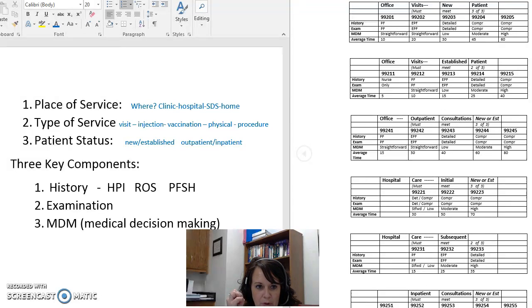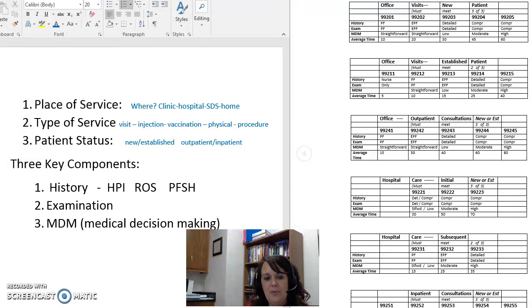If you know those first 3 questions, I'm in the clinic, place of service. Type of service, it's a visit, and the patient status, it's new. Okay? Now we're going to move back to the index here and figure out how to actually code.